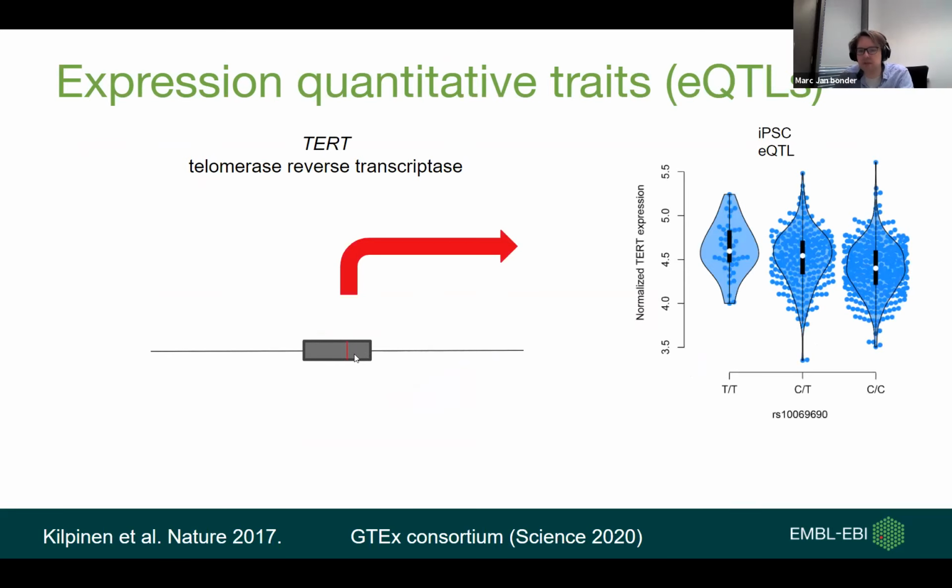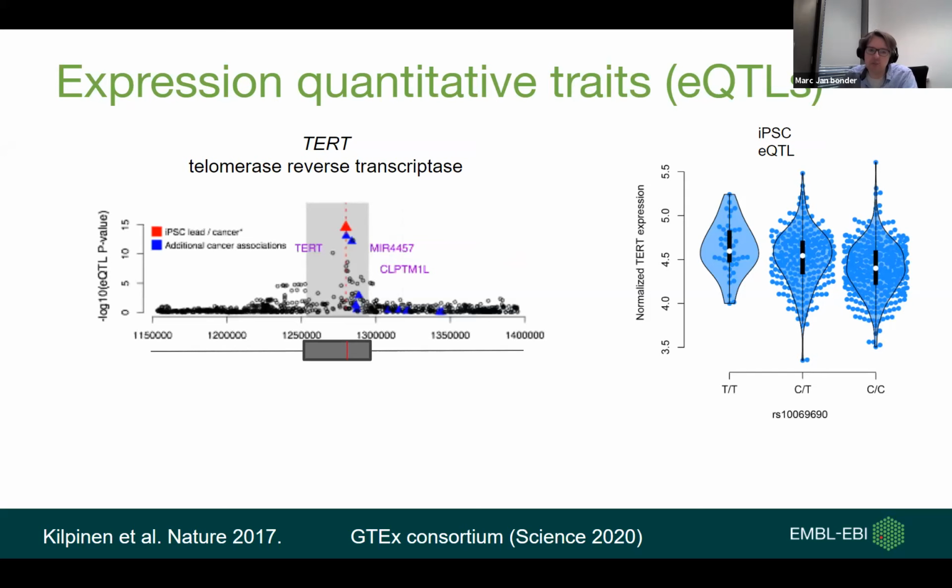If you stratify the expression of this gene in iPSCs based on the genotype, you see that when you have the minor allele, the TT genotype, you have high expression, and when you have two copies of the more common allele, you have low expression. So this is an example of an eQTL.